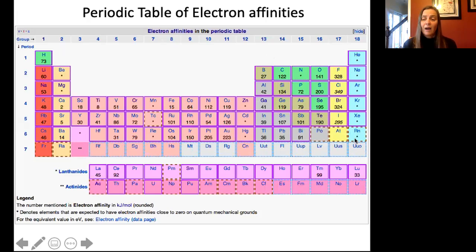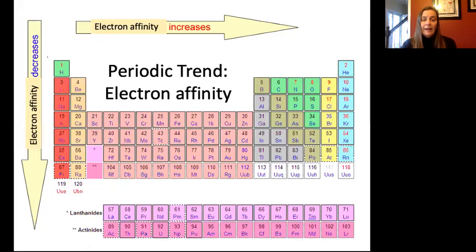They have exceptionally high ionization energies because it requires a lot of energy to pull an electron off of a noble gas. But electron affinity, remember, is the energy released when you add one, and they're not going to release energy when you add one. Okay, so again, summarizing it, as we go across the table, electron affinity is going to increase. As we go down the table, electron affinity is going to decrease.